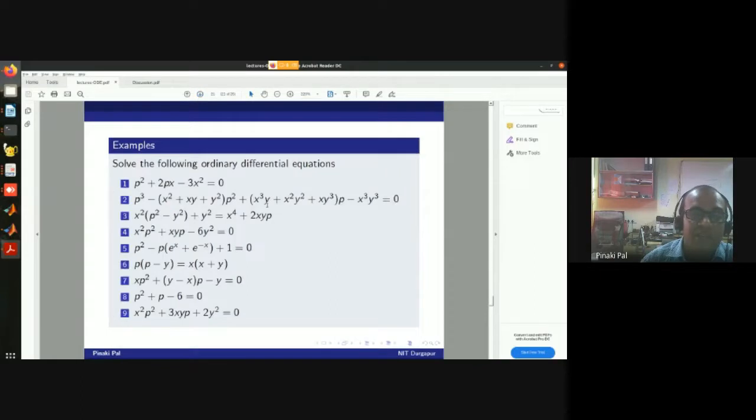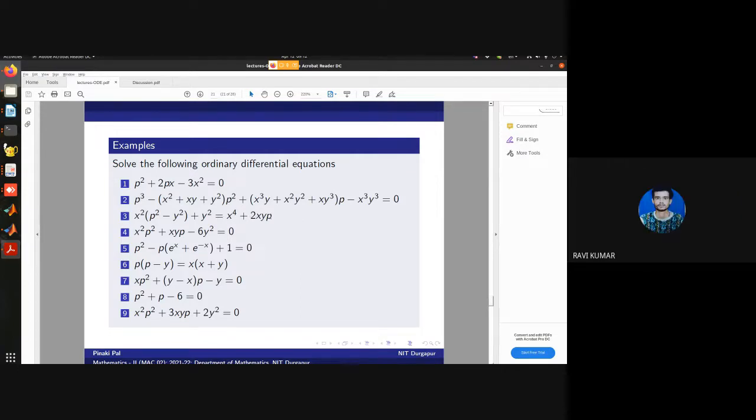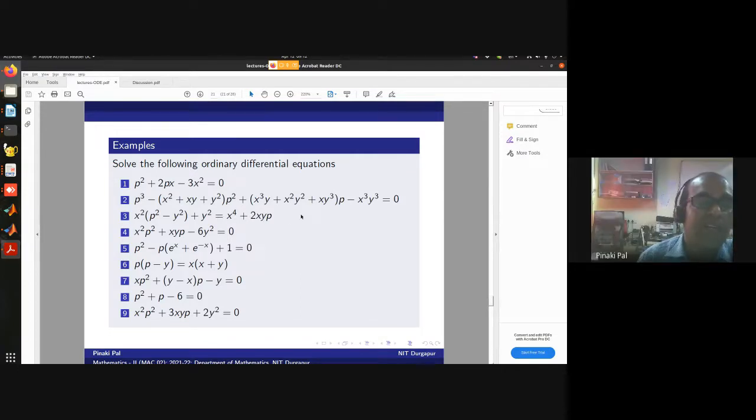Next, problem number 1 and 2 I have discussed, I think, in the last class. Yes, sir. Okay, so problem number 3, can you try? x square into p square minus y square plus y square... You have already done? Yes, sir.